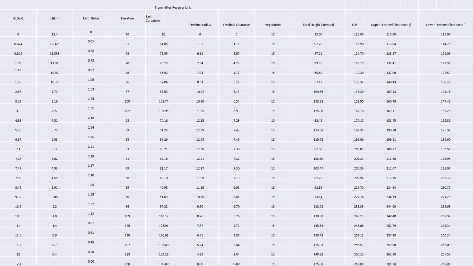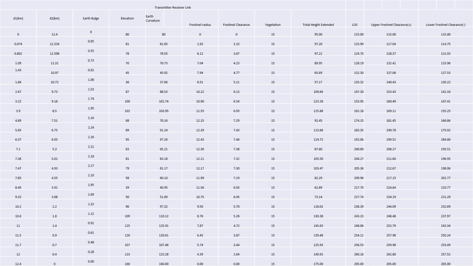After considering the earth curvature, Fresnel clearance, and vegetation, we compute what we call the total height extended. This is the total height needed for the antenna, combining the actual tower height and any additional height required to clear all possible obstruction.